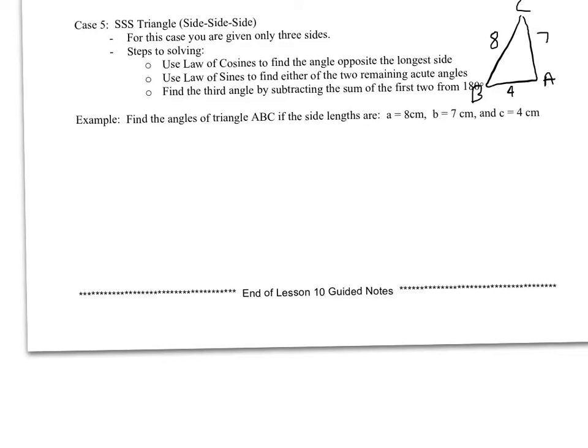Now, the angle opposite the longest side is going to be angle A. So for step 1, we want to solve for that angle opposite the longest side, which is angle A. We're going to do that with the law of cosines.